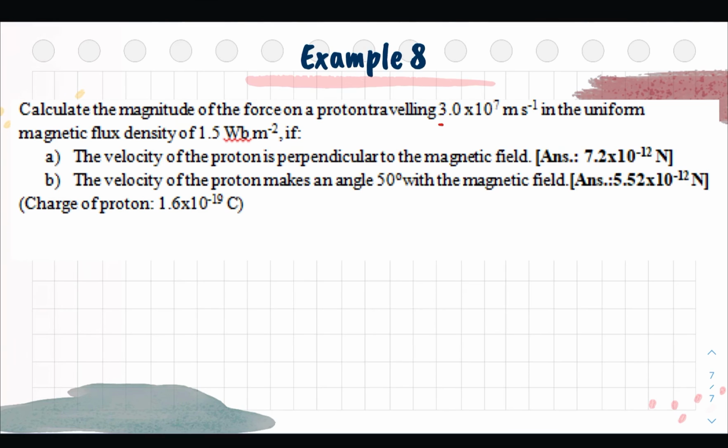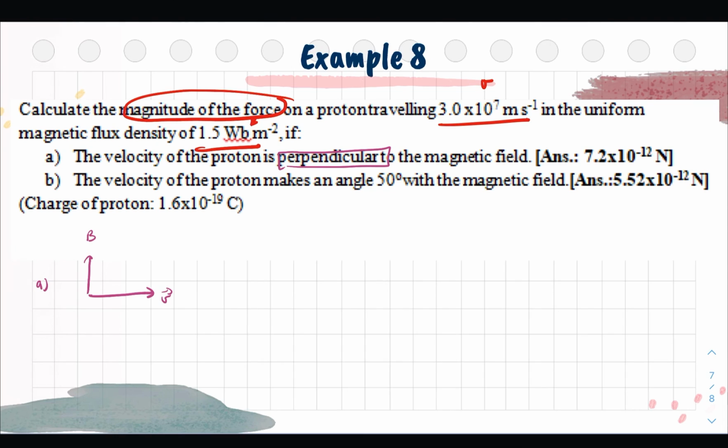Kamu tengok dia dah bagi velocity, dia dah bagi B, dia minta F. Sama juga untuk soalan yang pertama ini, dia kata perpendicular. Saya lukis dulu, nanti kamu tolong kirakan ya. So velocity perpendicular to B, so you punya theta is 90 degree.